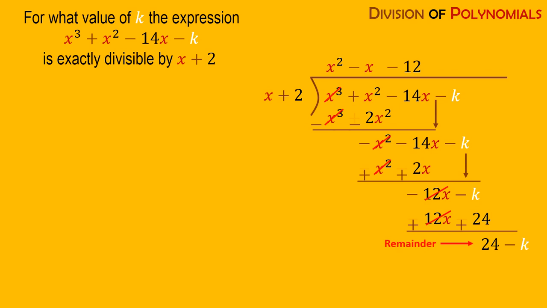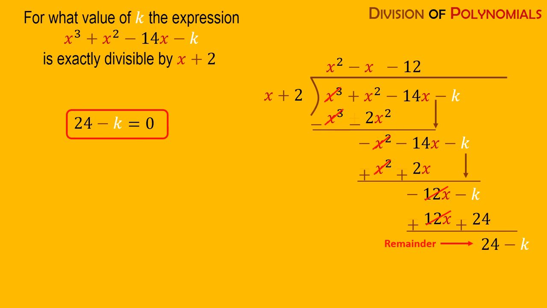And we have already discussed in our last question as well, that to make any polynomial exactly divisible, the remainder should equal 0. So to find the value of k, we have written this remainder equals 0. Right? So now it is an equation, and you can easily find the value of k by simplifying it, or taking k to one side of the equation.